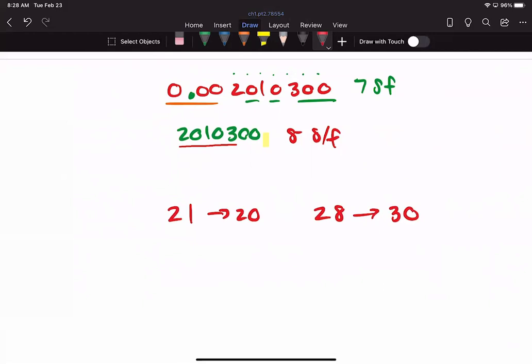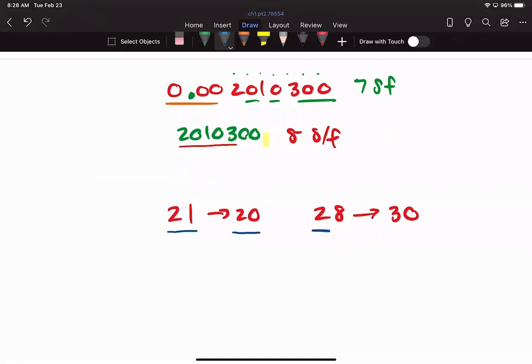Let's look at what we just did here. How many significant figures are in this value? 2. How many significant digits are in this value? 1. So we took a number that had 2 significant figures and rounded it to one that had 1 significant figure.